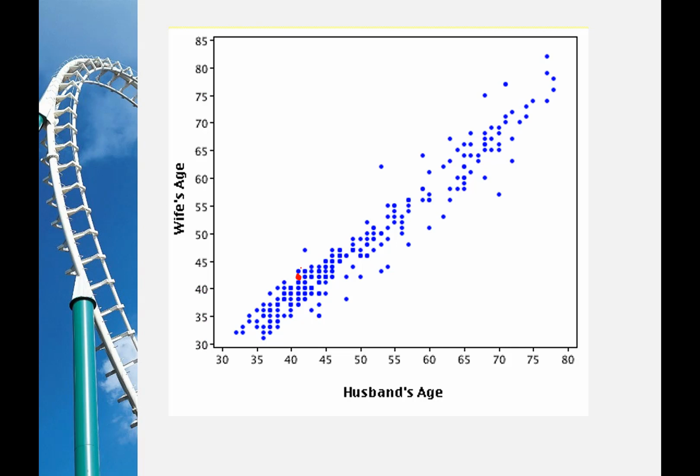So this is a graph that I took from the internet many years ago. I do not know if it is accurate or not, but let's just pretend it is. The x variable here is the husband's age. The y variable is predicting the wife's age. What would we say about the relationship between husband's age and wife's age, using some of the terms that we use to talk about correlation?